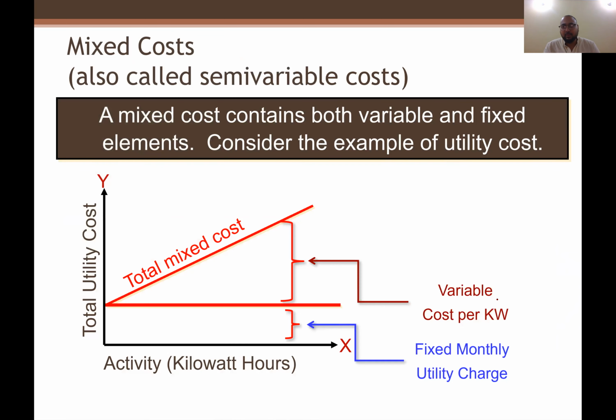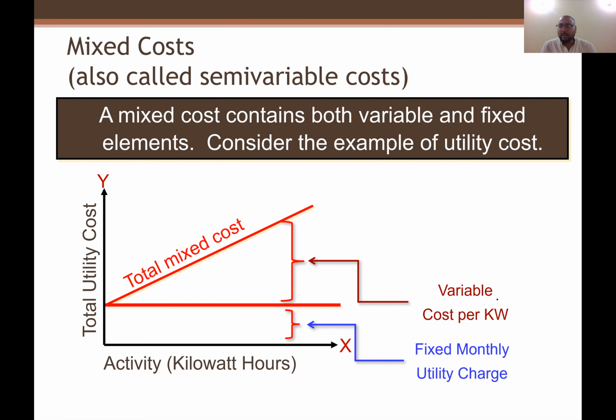Now, mixed cost. We also call it semi-variable cost. Mixed cost is a mixture of both variable and fixed. Sometimes a cost is offered in a fashion that looks semi-variable. For example, an electricity bill.